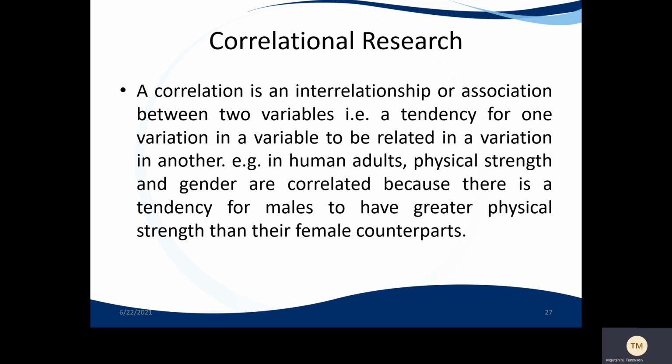And remember, it talks about the two-ness, the couple, and the coupling. So correlation research is about the interrelationship or association between two variables.